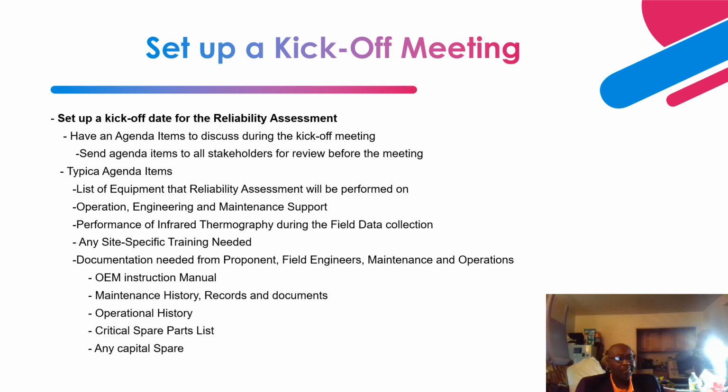Next up, you need to identify your operational, engineering and maintenance support. You need to bring it to their attention that when you are going to perform the reliability assessment, you will need that resource, right? It is at this point that you make them aware, so they will also on their side start planning to provide you that support.